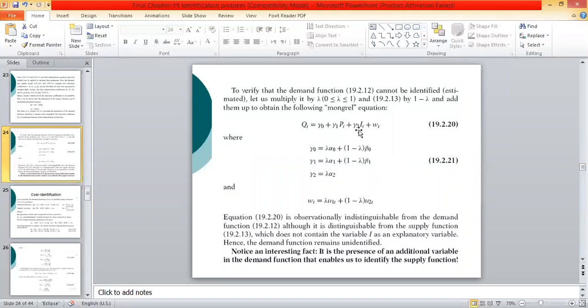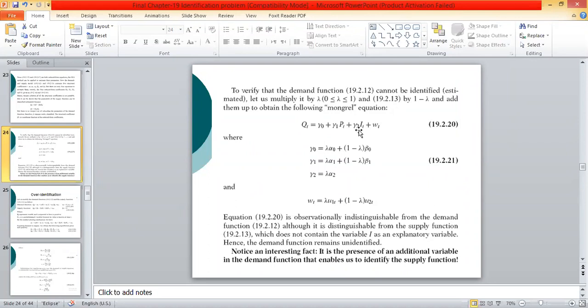Now we look at what is going on in our scenario here. We have the demand equation, that is, quantity is equal to alpha naught plus alpha 1 price plus alpha 2 income plus error term. First we look at whether the demand equation is identified or unidentified.